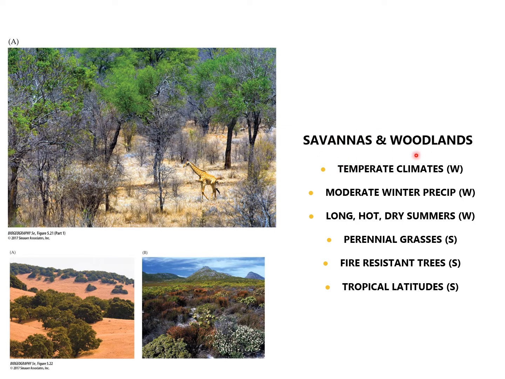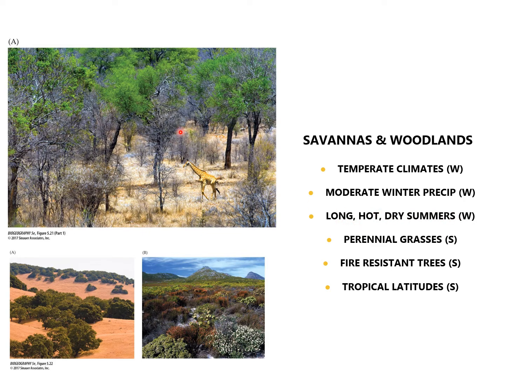Woodlands, and there's some subtle differences between savannas and woodlands, where this whole biome type is intermediary between, not quite a grassland, not quite a forest. If it's a woodland, usually temperate climate, moderate winter precipitation, and usually long, hot, and dry summers.